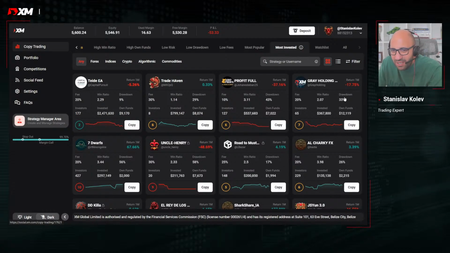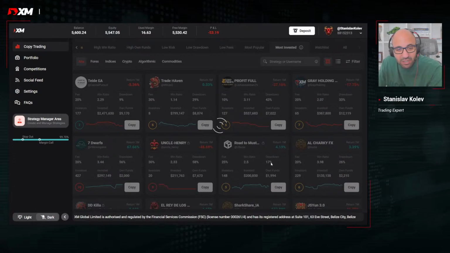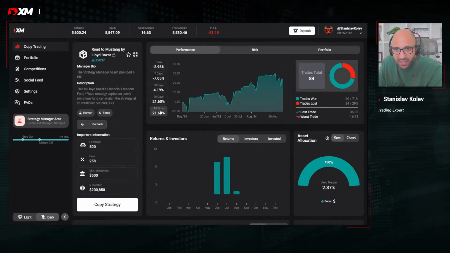So we're looking at something that is small. Let's see, 17% drawdown. I think it's fine. 17% drawdown. We have performance from May, and this has been going up since then. Not too much of data though. Let's get back.